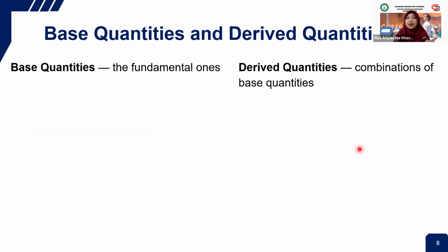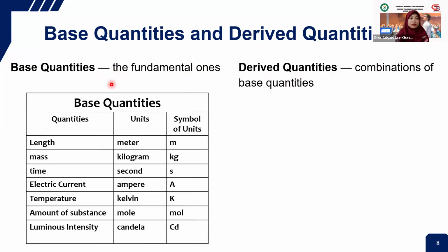Do you know quantities are divided into two types? First, base quantities, which are the fundamental ones. Second, derived quantities, which are combinations of base quantities. Can you mention 7 base quantities? I think in senior high school you already learned about them. Okay, let's remember together. And follow after me. Length, meter, m. Mass, kilogram, kg.